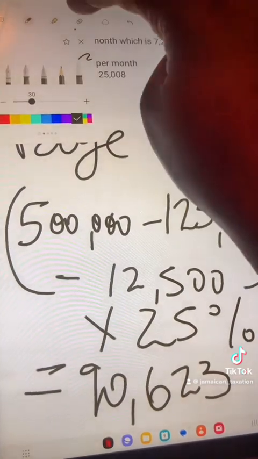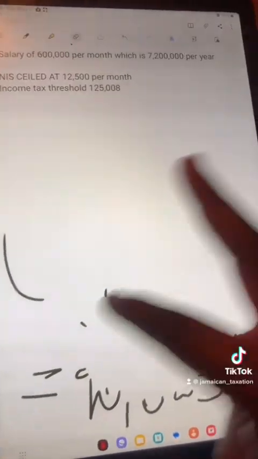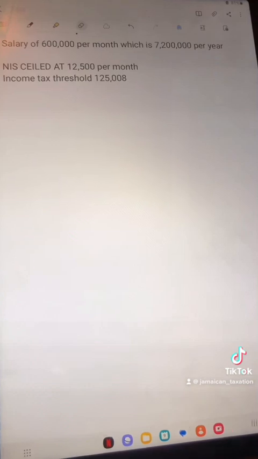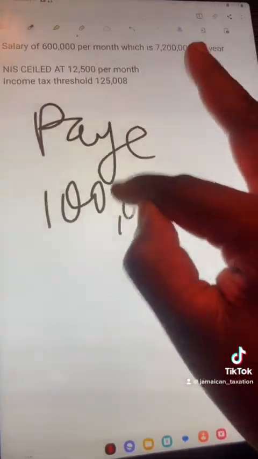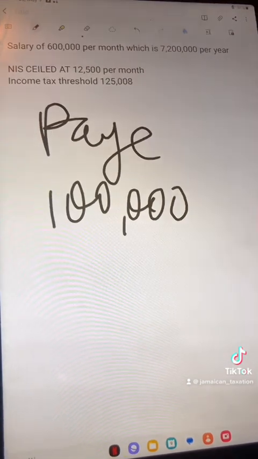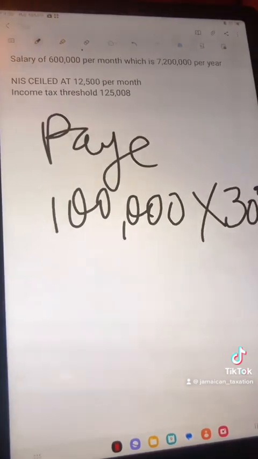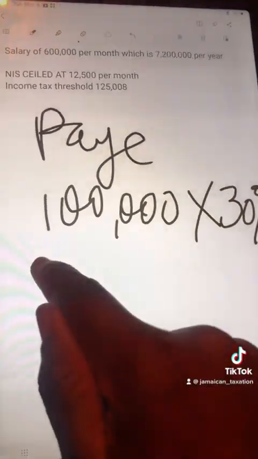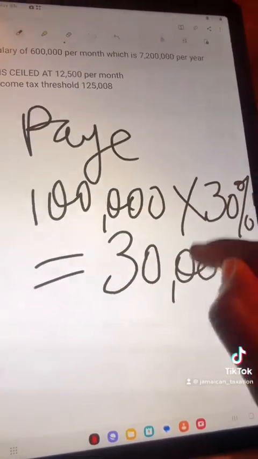The next part now is to calculate the rest of the salary. Since I took 500 from the $600,000, I'll now have to calculate the rest of the PAYE on the remaining $100,000. So this $100,000 would be at a 30% rate, and that gives us $30,000, right?